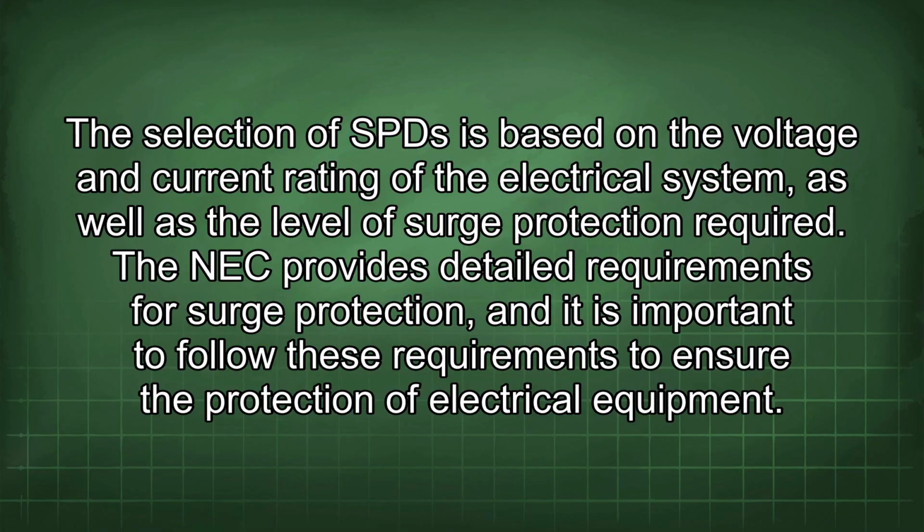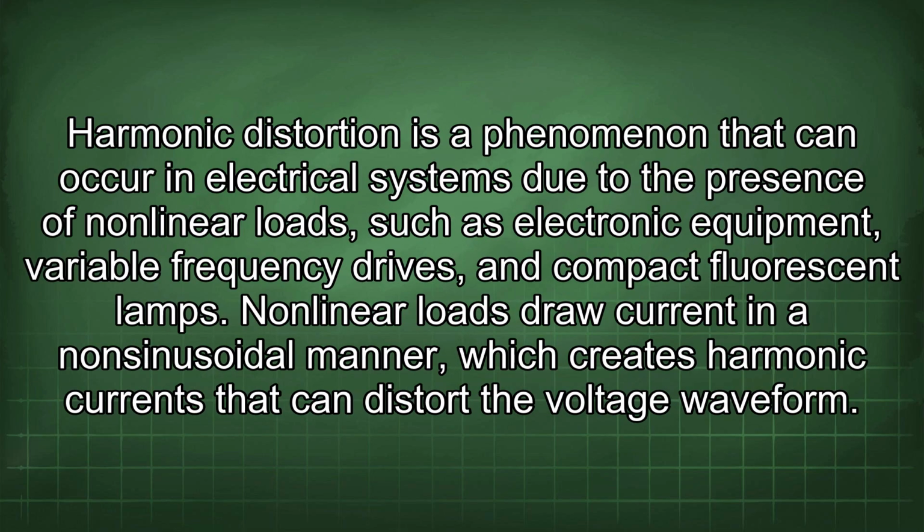The NEC provides detailed requirements for surge protection, and it is important to follow these requirements to ensure the protection of electrical equipment. Harmonic distortion is a phenomenon that can occur in electrical systems due to the presence of nonlinear loads, such as electronic equipment, variable frequency drives, and compact fluorescent lamps.